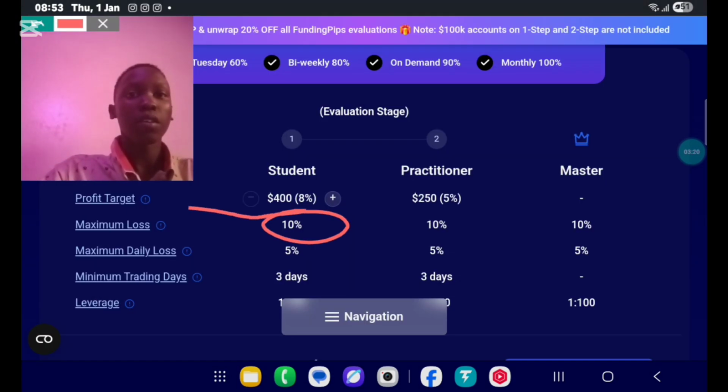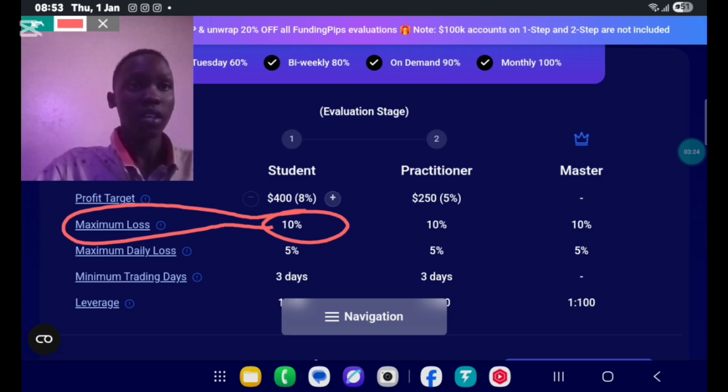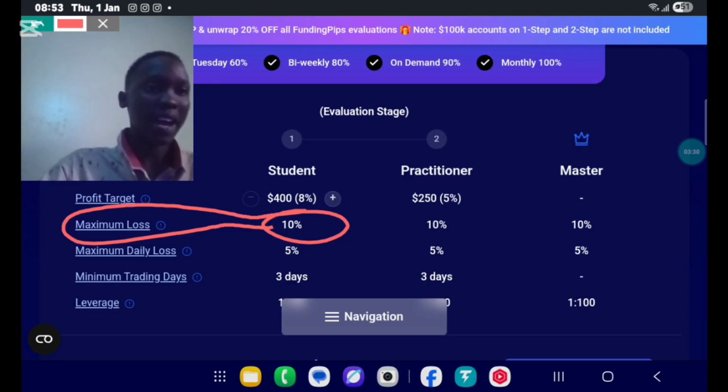This maximum loss is very important so that you can be on the game. These rules I encourage you to use because they are very good. They help you to not blow the account on that very day.